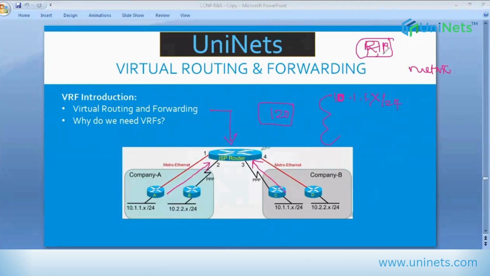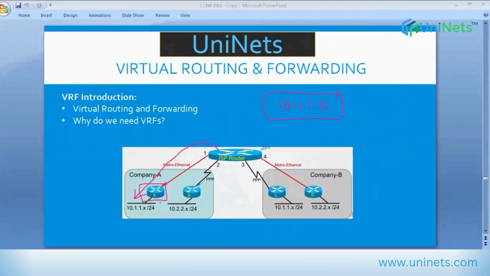Let us think EIGRP, AD value 90. According to my metric, Metro Ethernet will have a better metric than the serial interface. So whenever a packet is received with 10.1.1.x as the destination, it will forward it to the company A router.